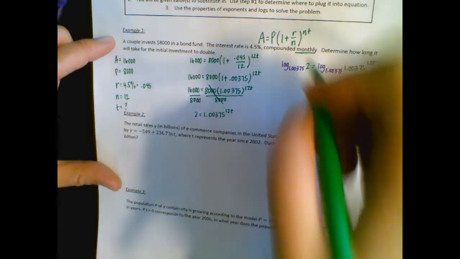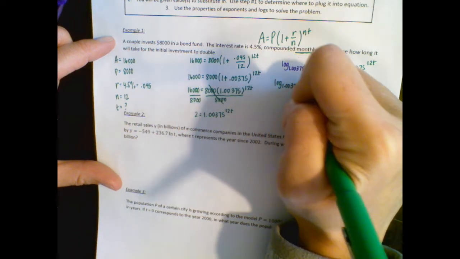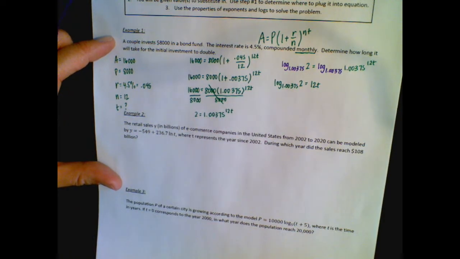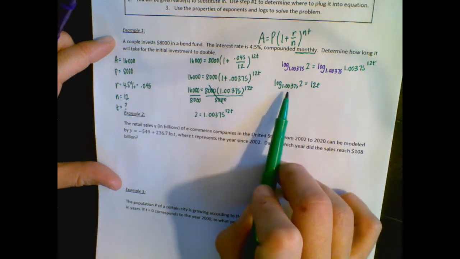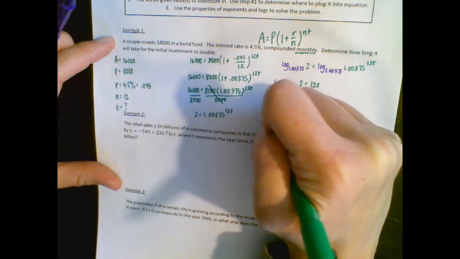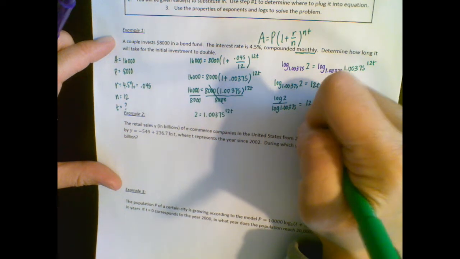So that's going to leave us with just log base 1.00375 of 2 over here. That's going to bring down our exponent of 12t over here. So I need to use a change of base here. That's going to tell me I'm going to do log of 2 divided by log of 1.00375. That's going to be equal to 12t.